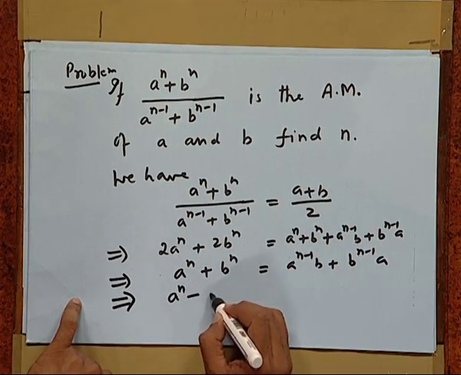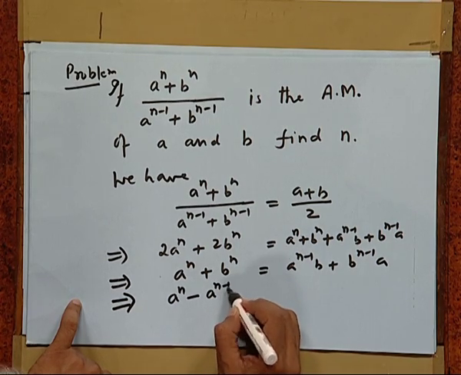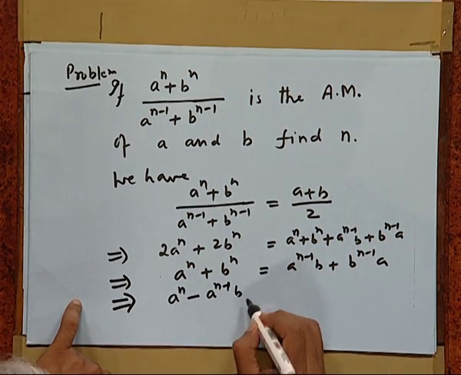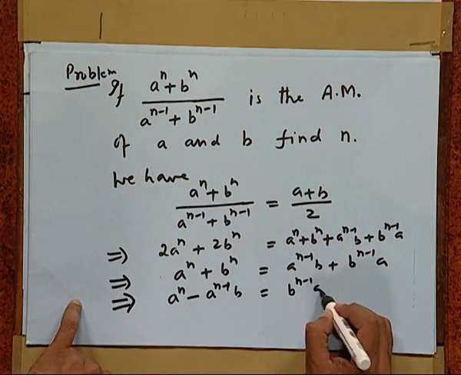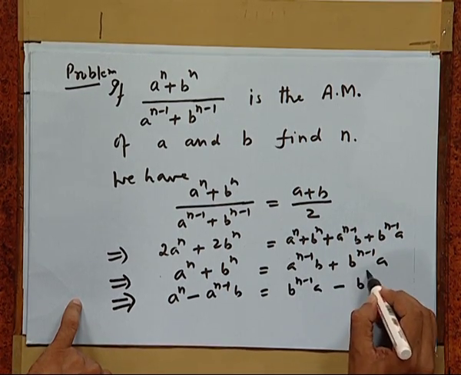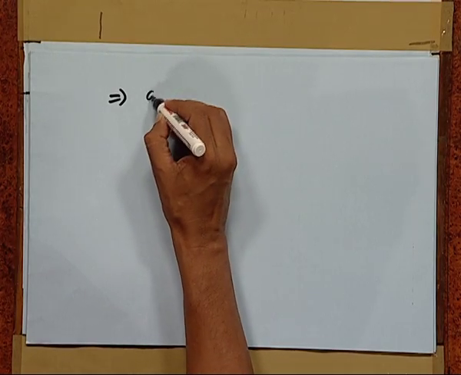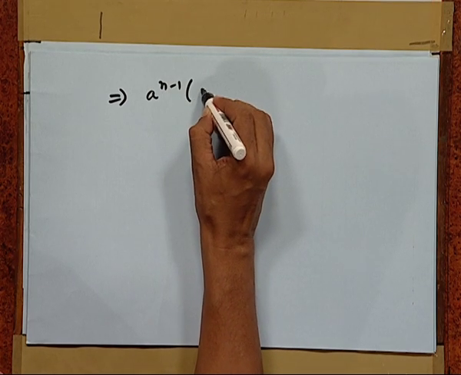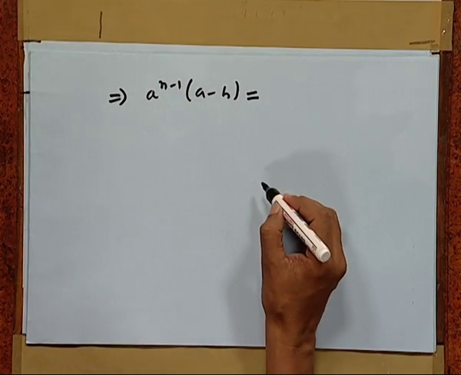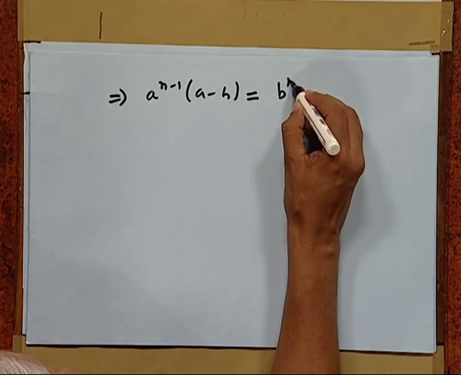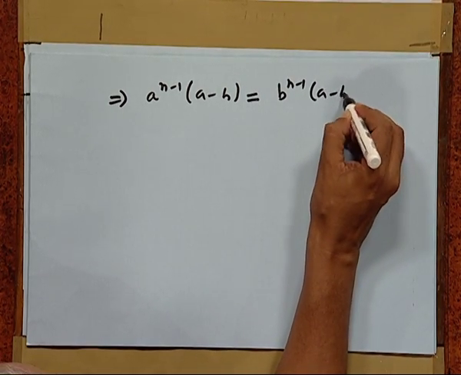This implies a^n minus a^(n minus 1) b is equal to b^(n minus 1) a minus b^n. That implies a^(n minus 1) times (a minus b) is equal to b^(n minus 1) times (a minus b).